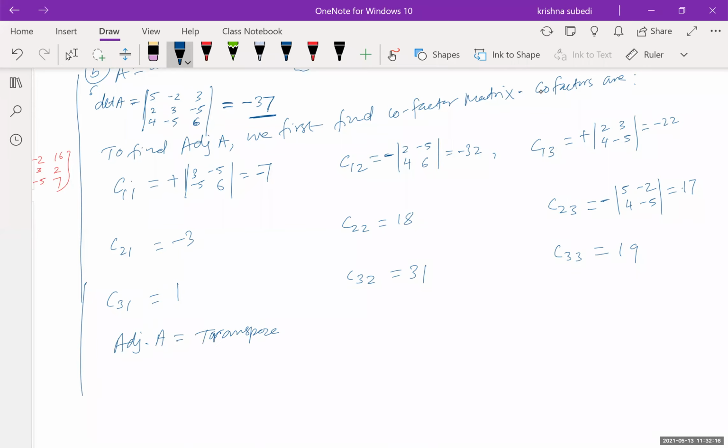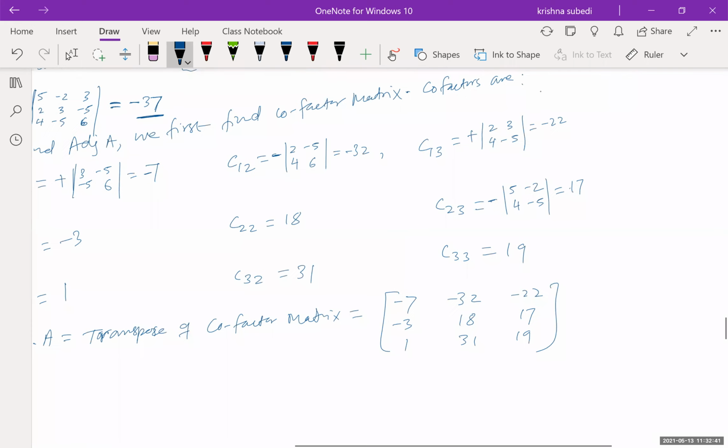The cofactor matrix, let me write it down: negative 7, negative 32, negative 22, and negative 3, 18, 17, 1, 31, and 19.